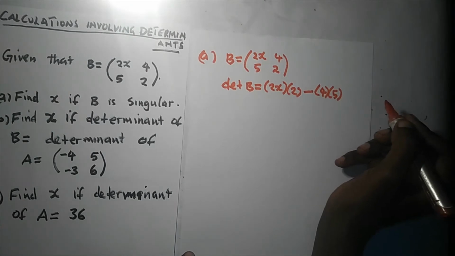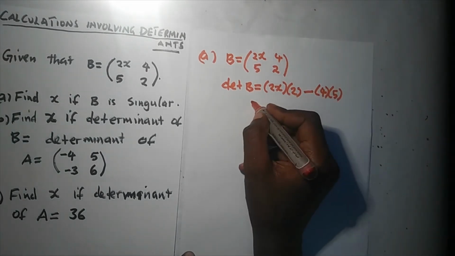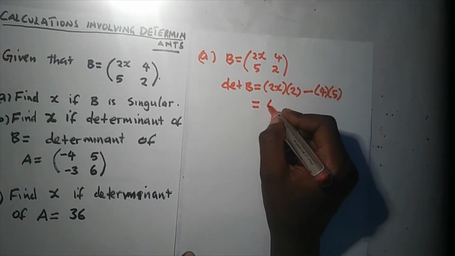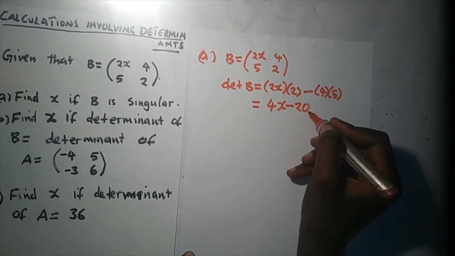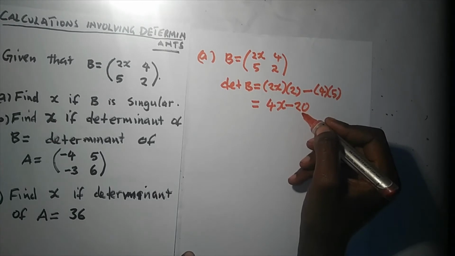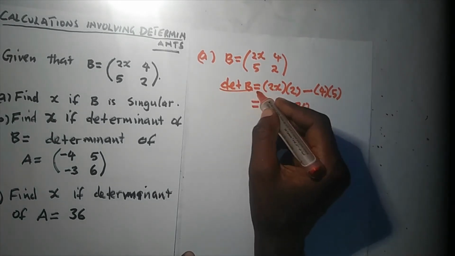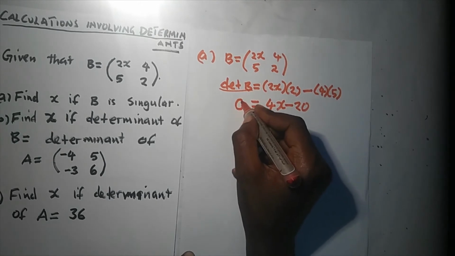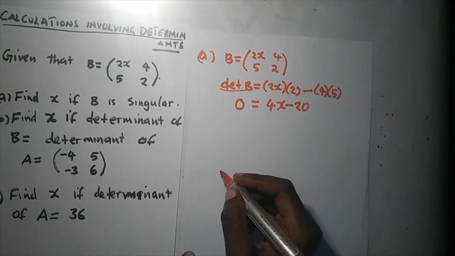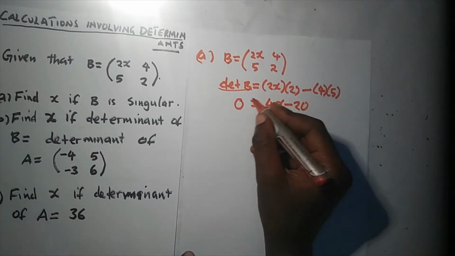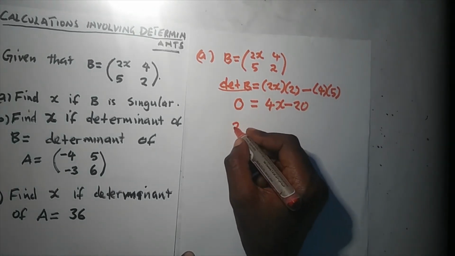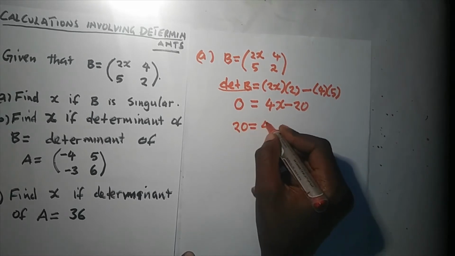Here we are going to simplify. 2x times 2 is 4x minus 4 times 5 is 20. Since the question says that the matrix is singular, then we know that the determinant is 0. So we replace the determinant with a 0 there.